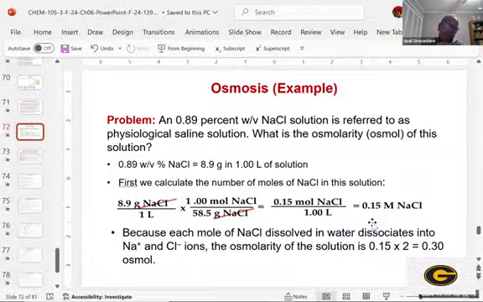Because sodium chloride is an ionic compound, it dissociates into sodium ions and chloride ions. Therefore, the osmolarity, the molarity of the solution for colligative property determinations, has to be multiplied by 2. Osmolarity of the 0.89 weight by volume solution is 0.30 osmol. Osmol is a molarity as well.